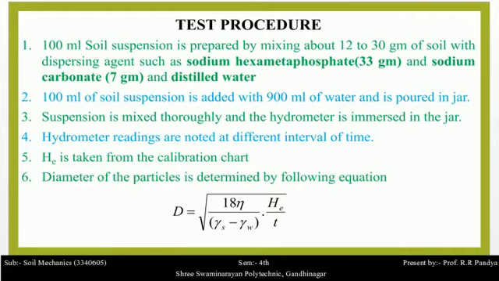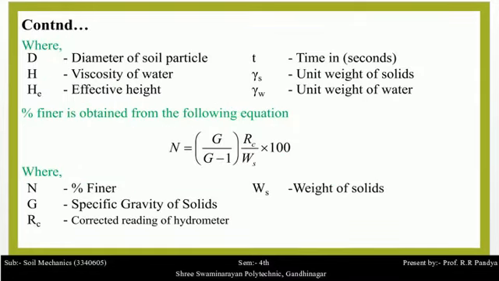Capital D is equal to the square root of 18 nu divided by gamma s minus gamma w, into He divided by small t, where D is equal to diameter of soil particles, nu is equal to viscosity of water, He is obviously the effective height, small t is the time in seconds, gamma s is equal to unit weight of solids, gamma w is equal to unit weight of water.